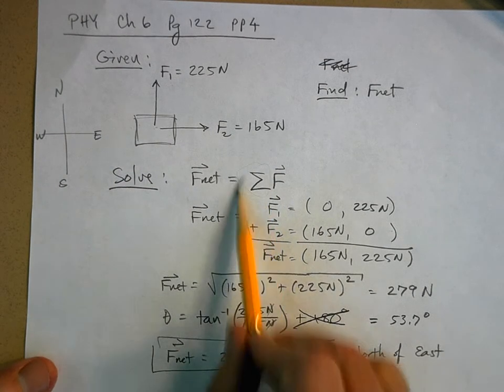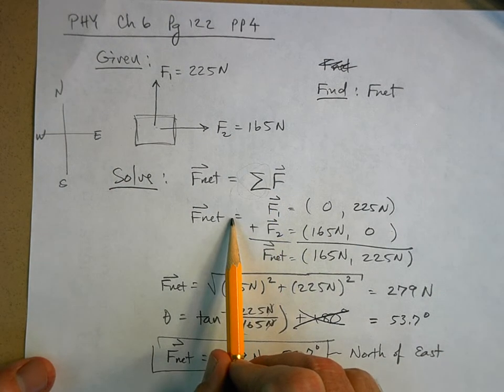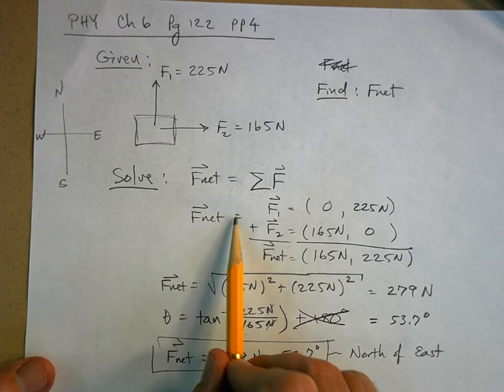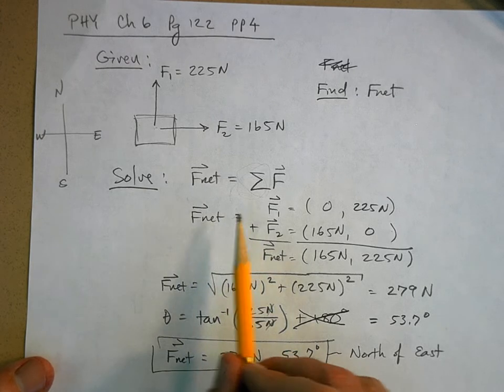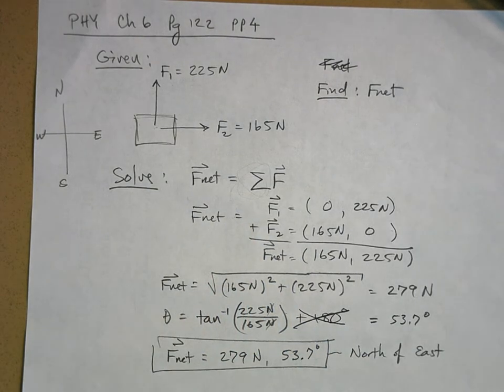So the net force is what you get. Have you seen this summation sign before in your math classes? Okay, some of you have, some of you haven't. We use abbreviations in math because it's just faster, right? I don't want to say add up all the forces.